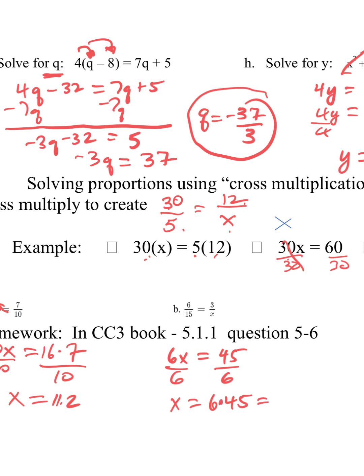Notice I'm not using an x to show times. We need to use either parentheses or a bracket or a dot. Usually a dot almost looks like 6.45, so we have to be really careful where we write that dot. It can't be right on the bottom where the 6 is.